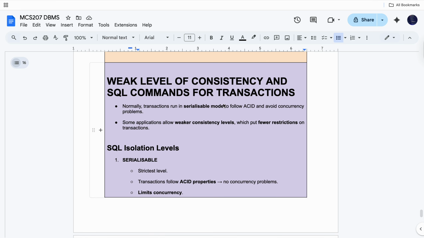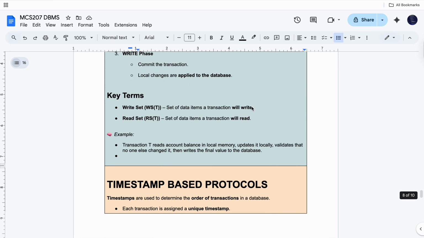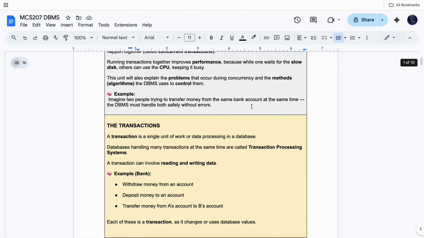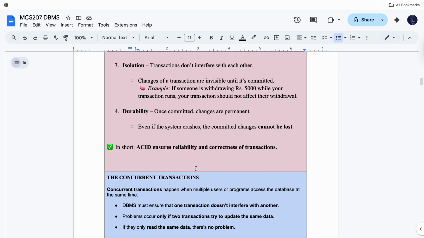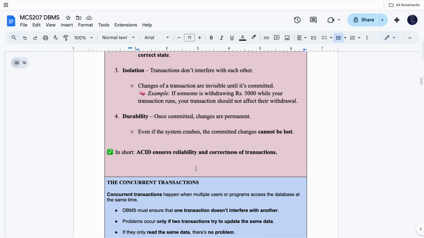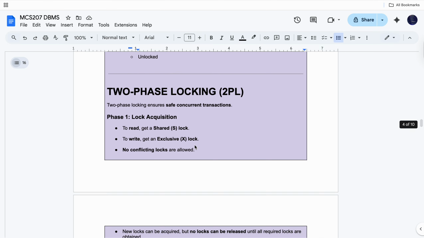Weak levels of consistency in SQL commands for transactions. Normally transactions run in serial mode to follow ACID: atomicity, consistency, isolation and durability.